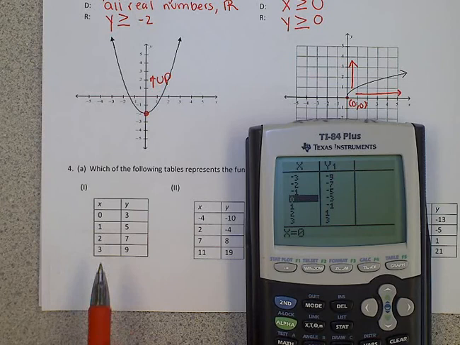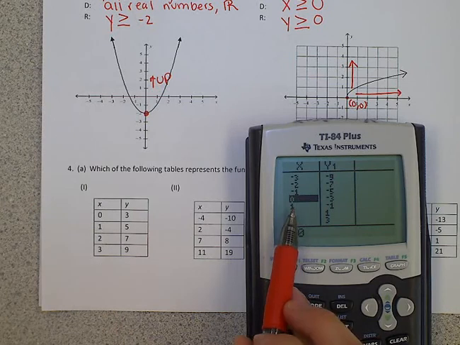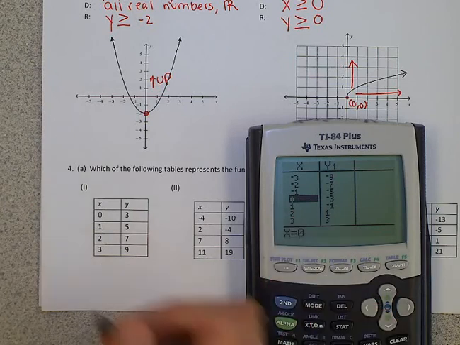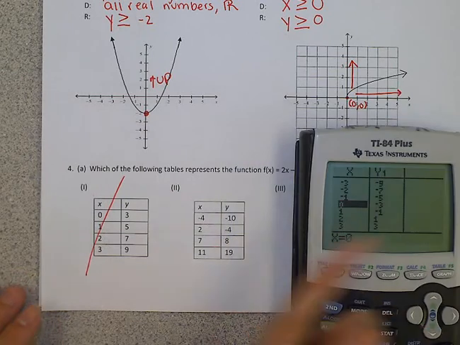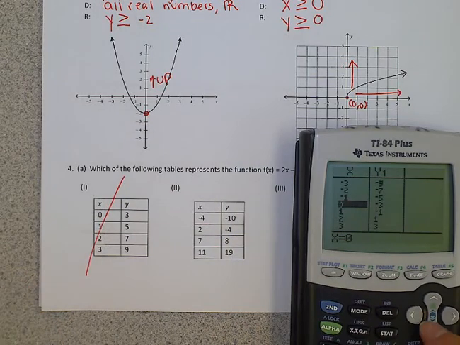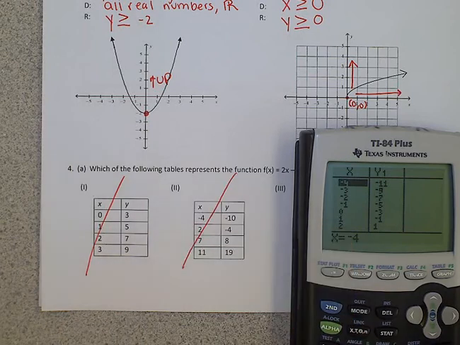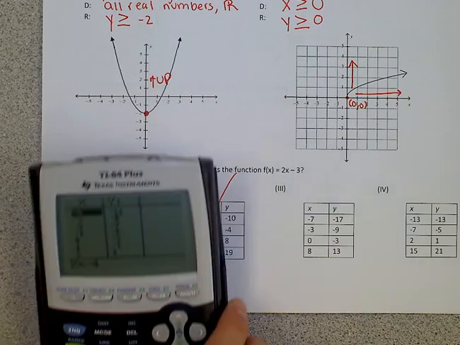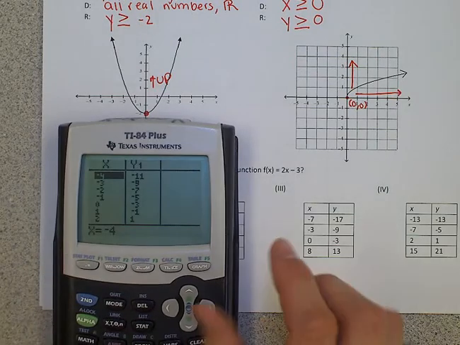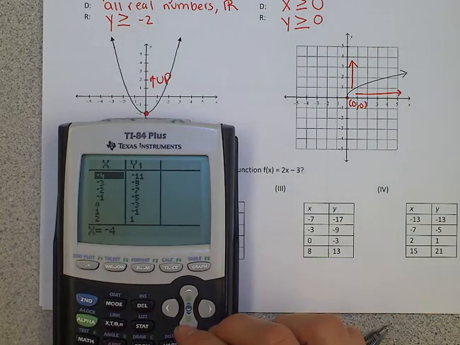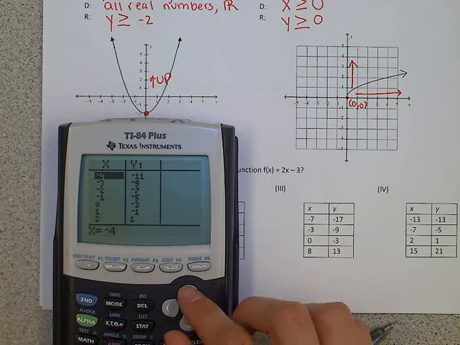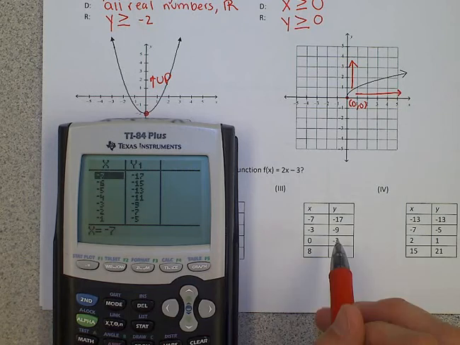So choice 1 says when x is 0, y is positive 3. That can't be the case. Choice 2 says that when x is -4, y is -10. That is not the choice, because on the table it doesn't tell you that. When you look at option 3, you can see that when x is -7, y is -17.